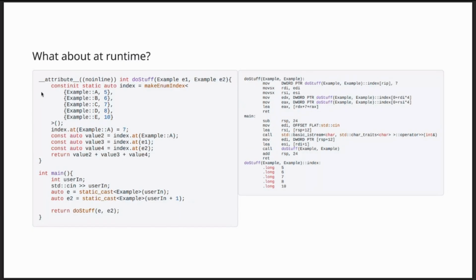And so now we can change it. This at function is returning a reference, and we can use that like we would use a map. We can say the index at example A is 7, and we can then read it back out, and it works.